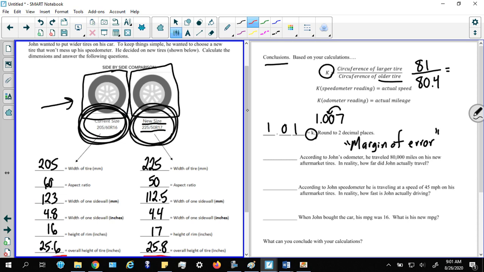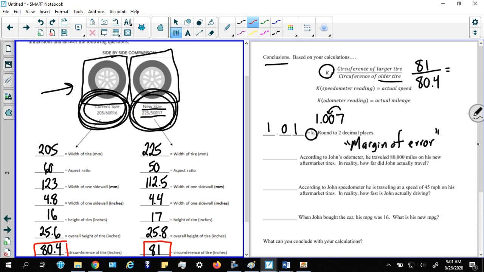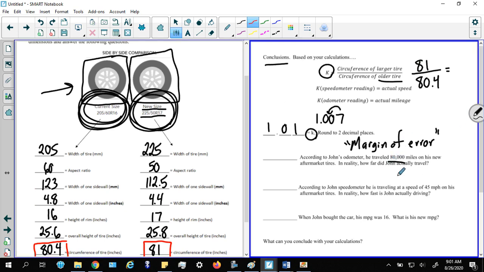So when the car is driving 80,000 miles, the car thinks to itself, I'm driving 80,000 miles. But it has no idea that you actually put on bigger tires.